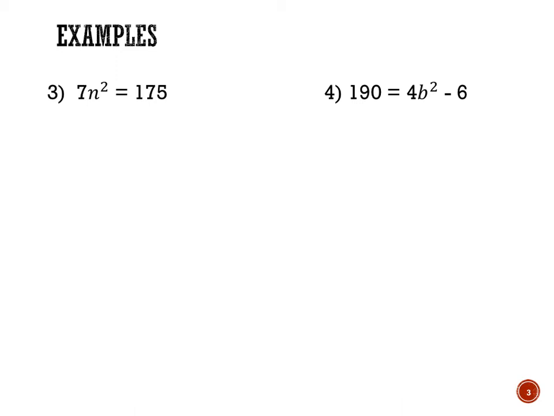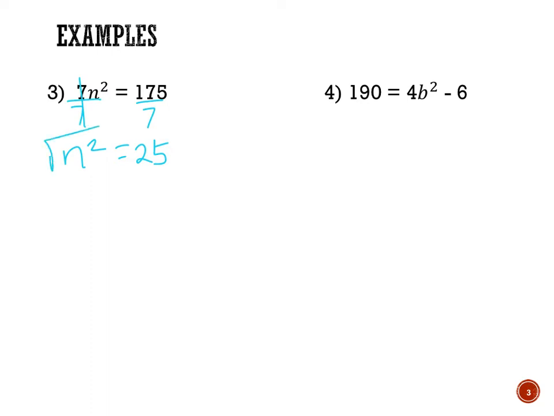Number 3, 7n squared equals 175. First thing to do is divide both sides by 7. 7 divided by 7 equals 1. 175 divided by 7 equals 25. So n squared equals 25.